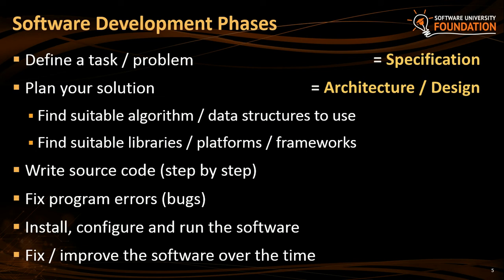And so choosing technologies is one piece of this architecture and design. Another piece is to choose your data structures and algorithms. Another piece is to choose your frameworks, to find suitable libraries, platforms, and other APIs, already out-of-the-box components to achieve our work.